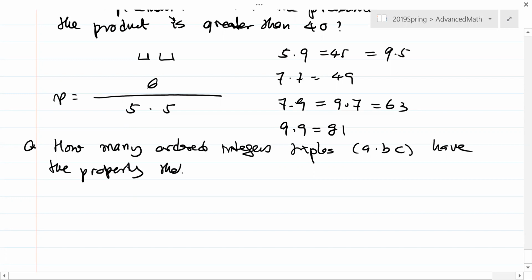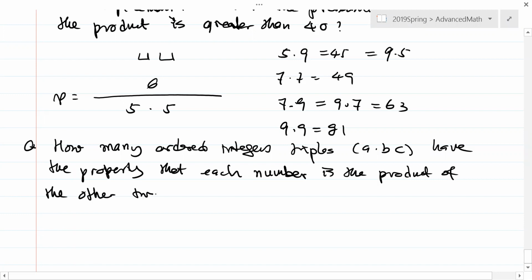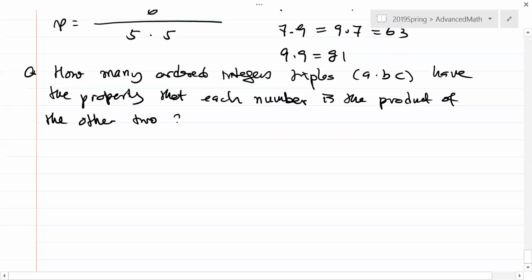The property is that each number is a product of the other 2. So that means A equals BC, B equals AC, C equals AB.